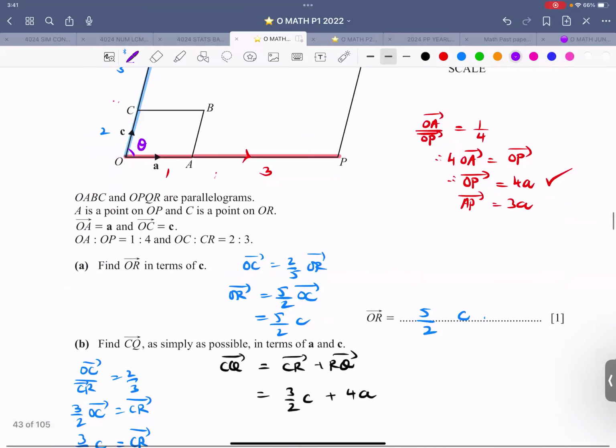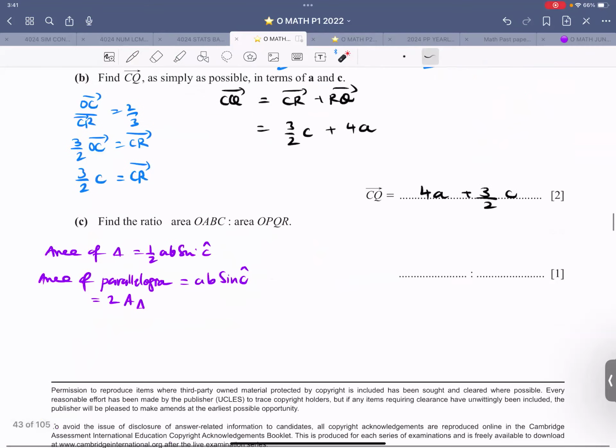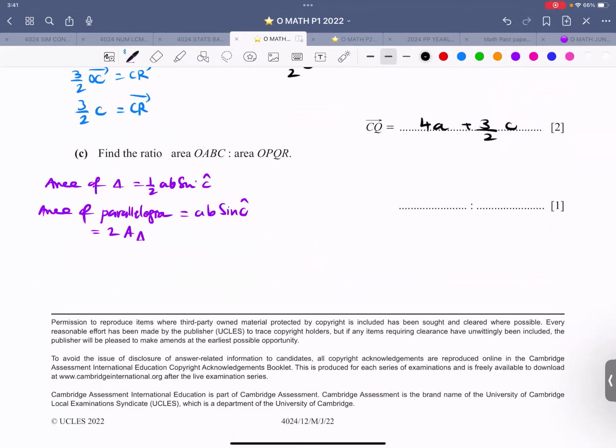Now for this one, let me highlight this figure, the orange one. So for this orange thing, the area would be, half is gone. That's A into C. So area of orange, OABC, that's A into C into sine of that angle theta.